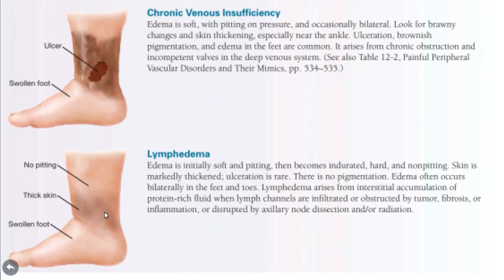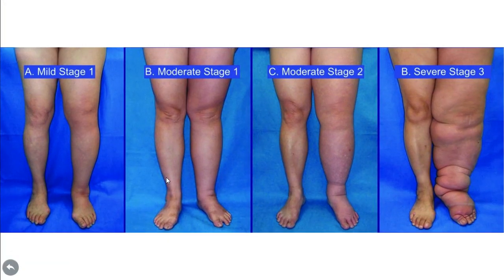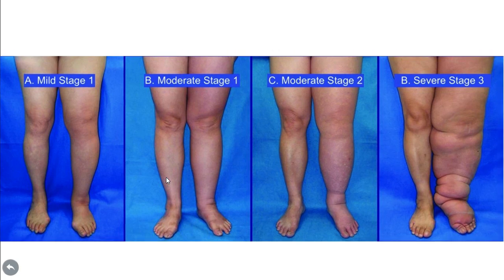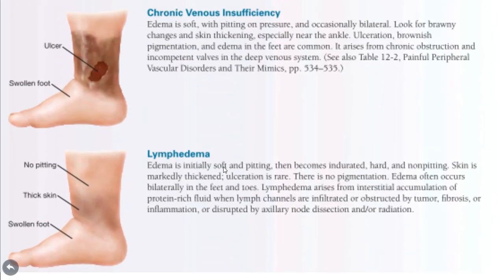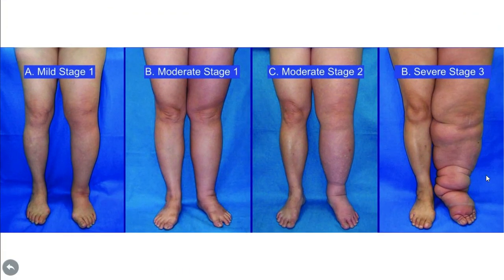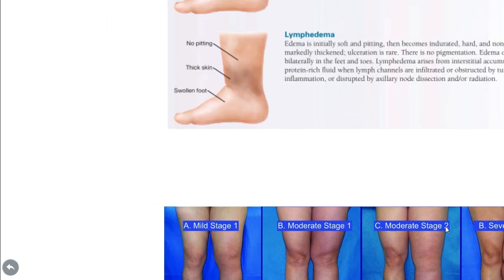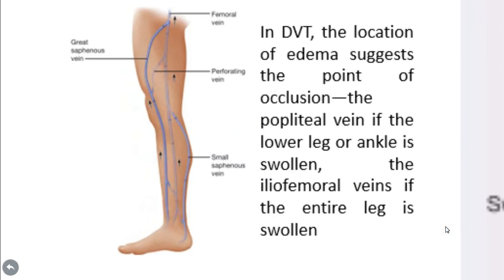We already discussed chronic venous insufficiency and lymphedema. The lymphedema can initially be soft and pitting, then becomes indurated and hard, non-pitting, markedly thickened. For DVT, the location of edema suggests the point of occlusion.